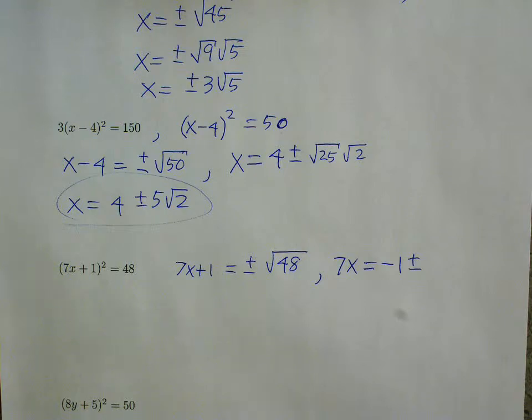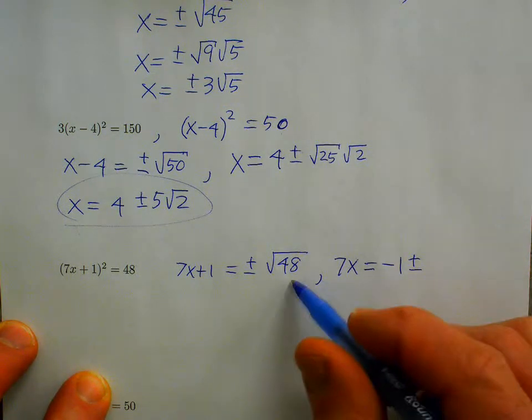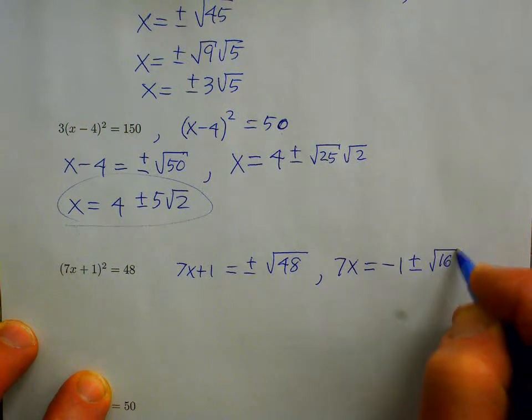Now, the largest factor of 48 that's a perfect square is 16. 16 times 3 is 48. So rewrite the square root of 48 as the square root of 16 times the square root of 3.